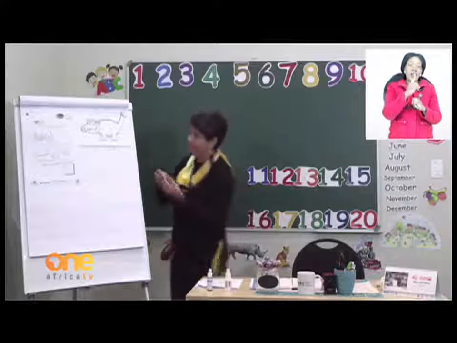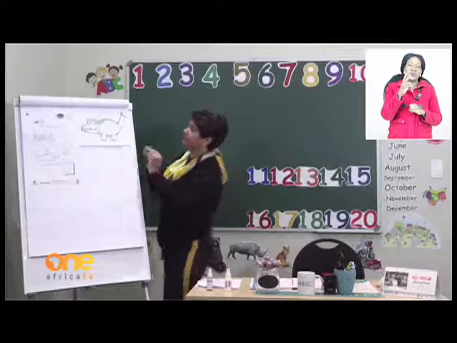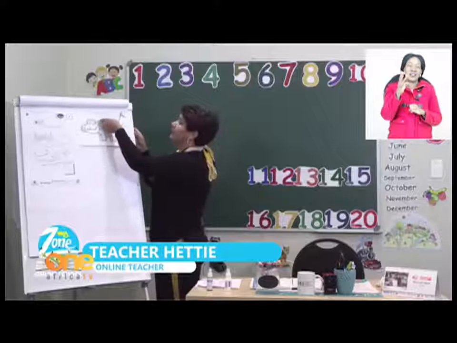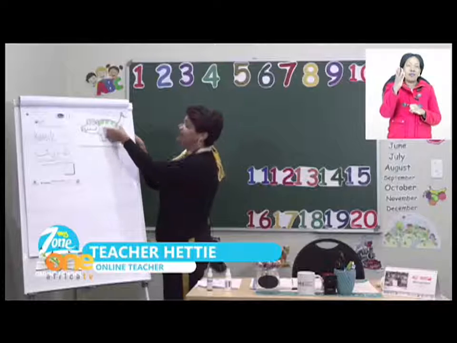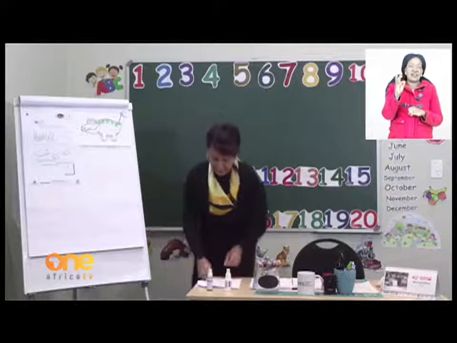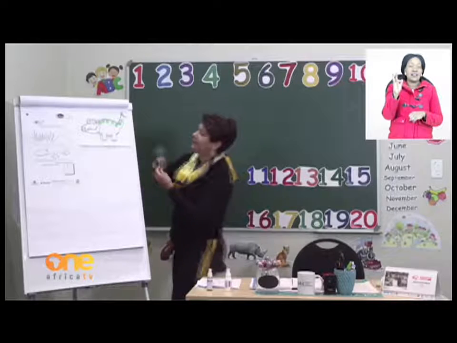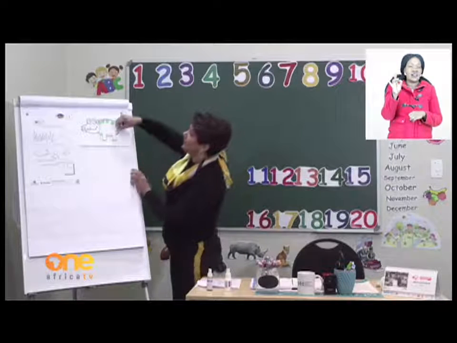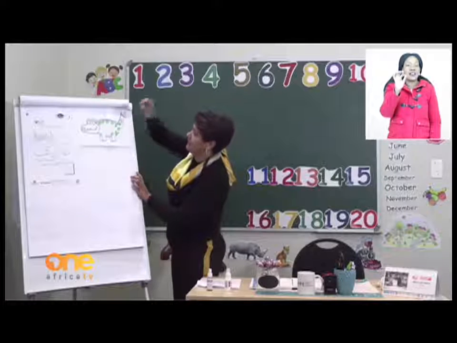1, 2, 3, 4. I have 4, and I'm counting 5 and 6 and 7, 8 and 9 and 10.